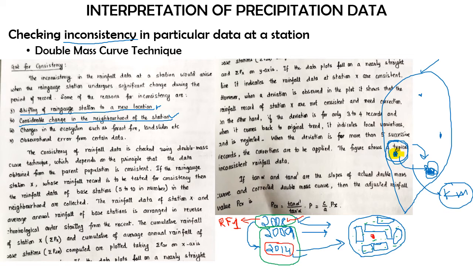Imagine the rain gauge station is still in its original position, but the surrounding area has seen a drastic change. So at that point of time, what will happen? The rainfall characteristics in 2014 will definitely be different from the initial one.